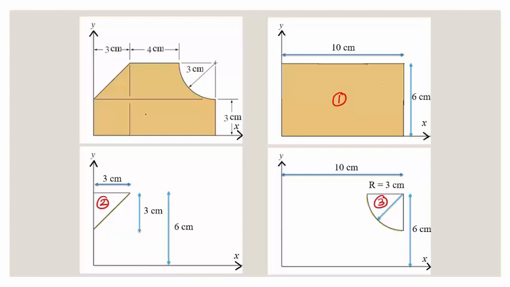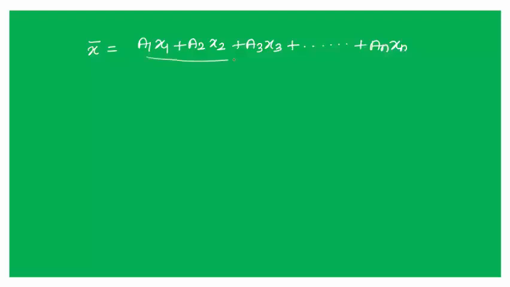So the general formula to locate the centroid of a composite lamina is x bar is equal to a1 x1 plus a2 x2 plus a3 x3 plus up to an xn, the whole divided by a1 plus a2 plus a3 plus up to an.